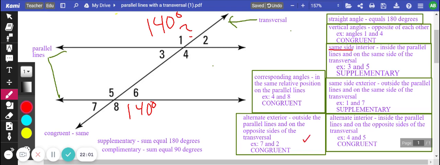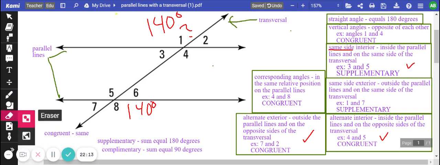So we've covered alternate exterior, we've covered alternate interior, and we've covered the same side interior. Now let's look at the same side exterior. So if it tells us that the measure of angle 8 is 140 degrees, now it's on the same side.